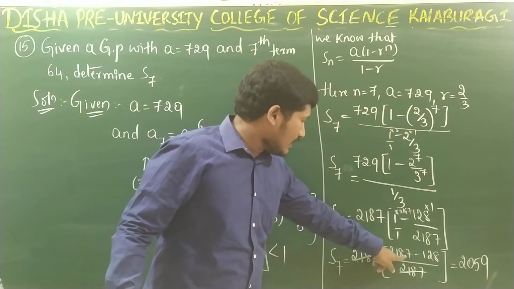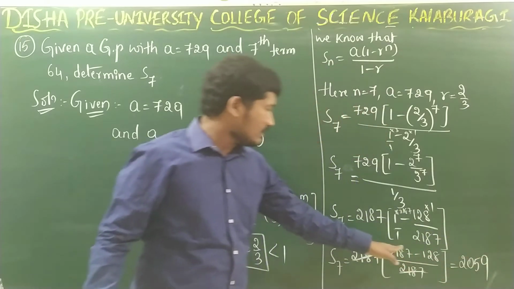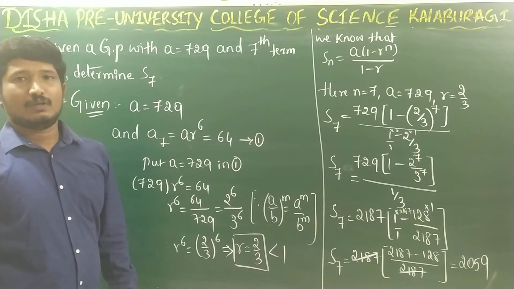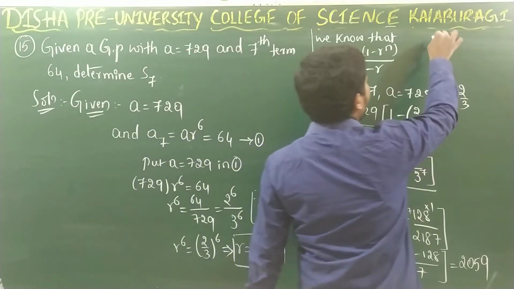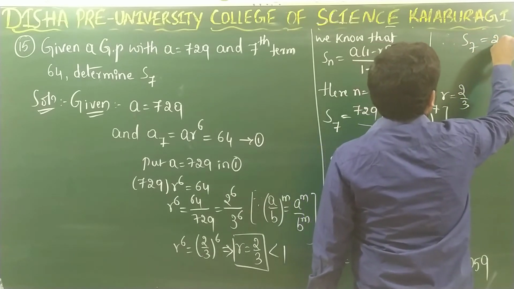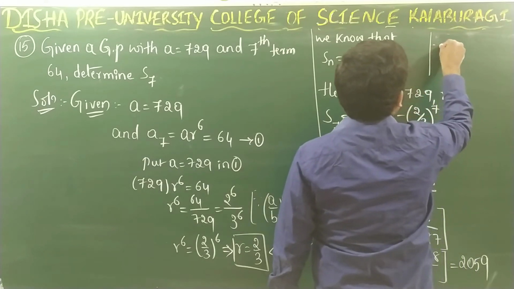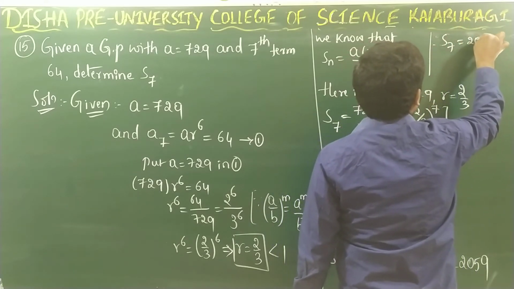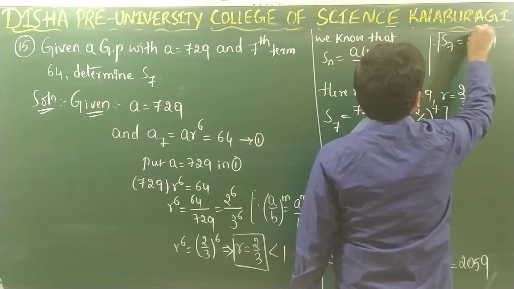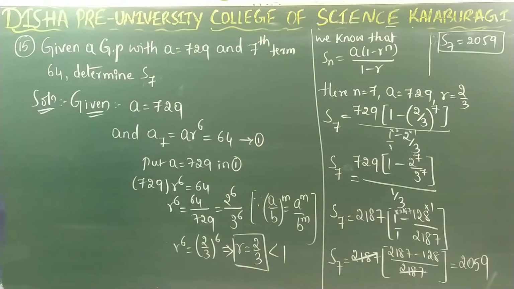That is, 2187 minus 128 will be 2059. You can subtract and check. So what is the final value we have got? Therefore, S7 is equal to 2059. That is the required value for the given GP with the given terms.